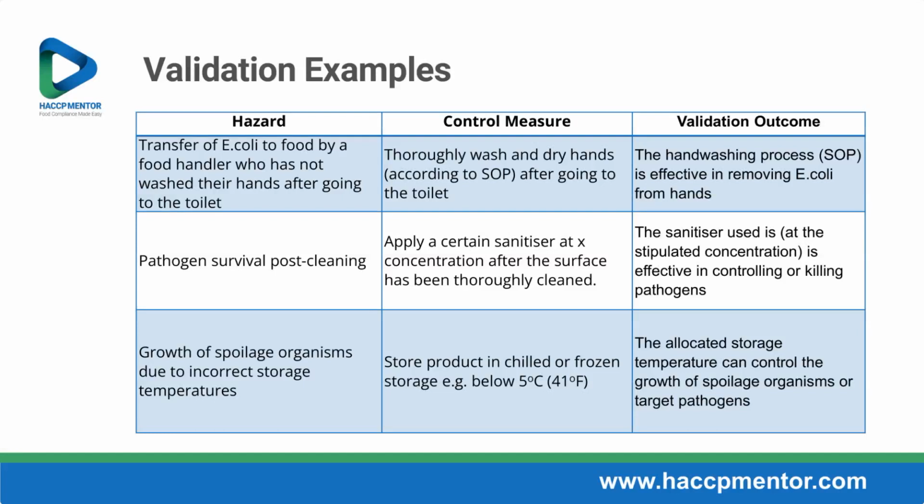Shelf life of your product is another classic validation. And again, if you've got a third-party certification standard, you've got to validate your shelf life. And that doesn't mean you go to the supermarket and see what shelf life your competitors are putting on their product. You actually have to get that information yourself.